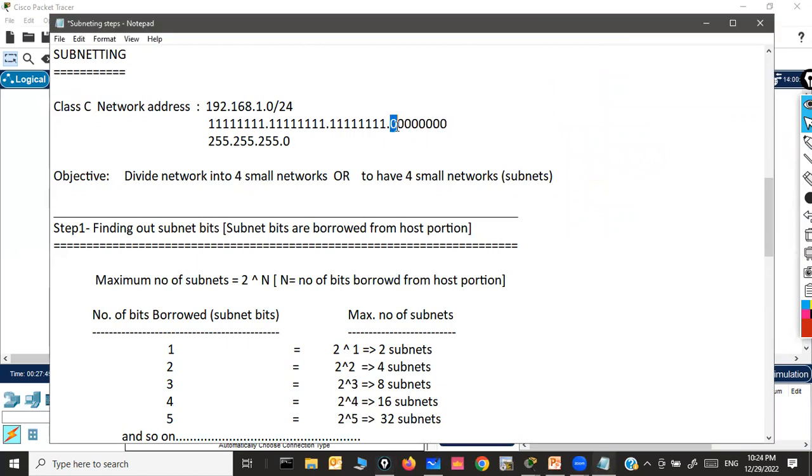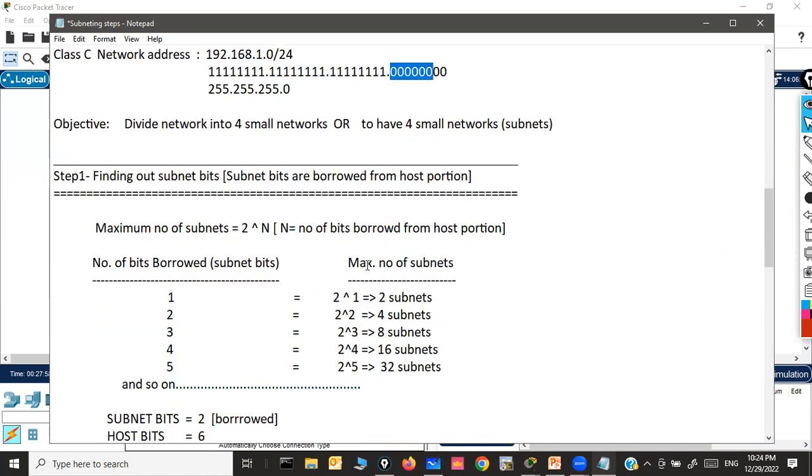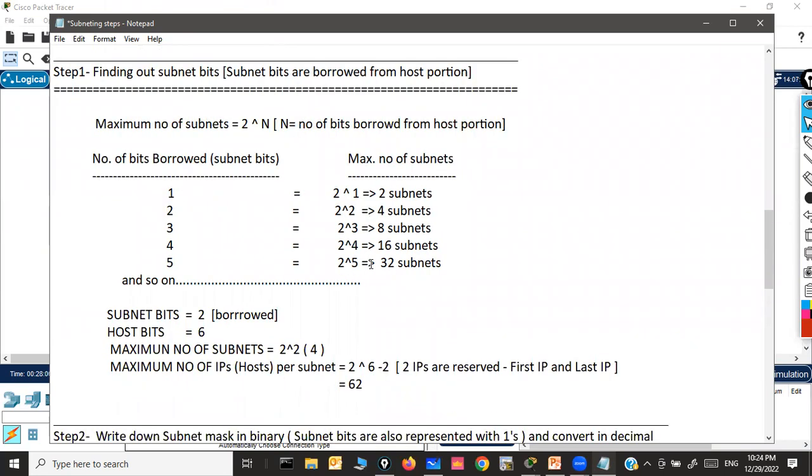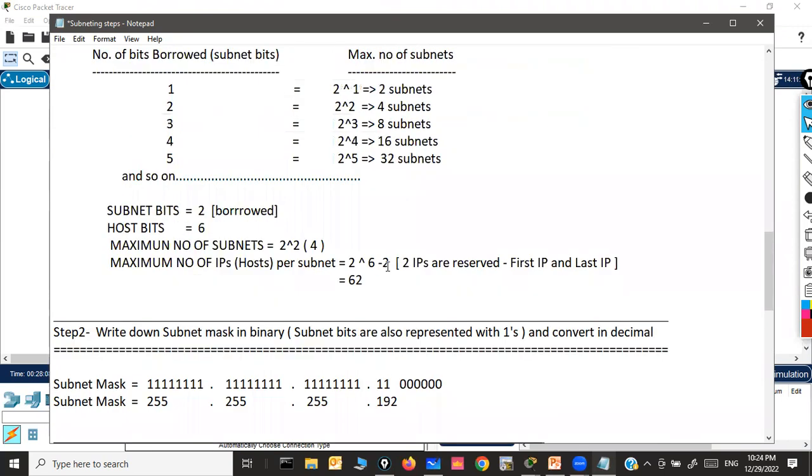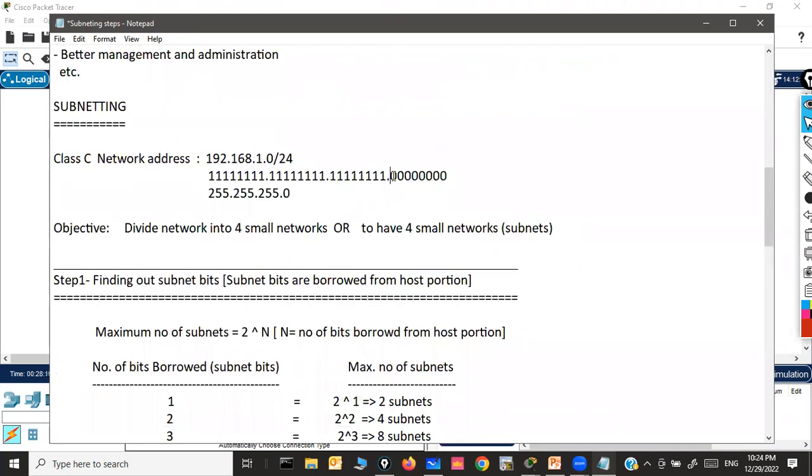So we always have to have something to borrow in order to find the number of networks, 2 to the power of n, and, like you said, the magic number, or block size. Definitely, because if there are no zeros here, we cannot do subnetting further.